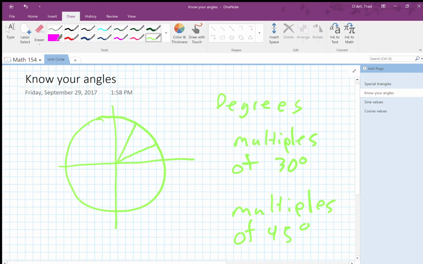It's helpful to picture the terminal side of the angle in each quadrant. When I'm doing 210, it's good to orient yourself. You know that this is 180 because that's halfway around. This is 270, this is 90, and this is 0, or 360.